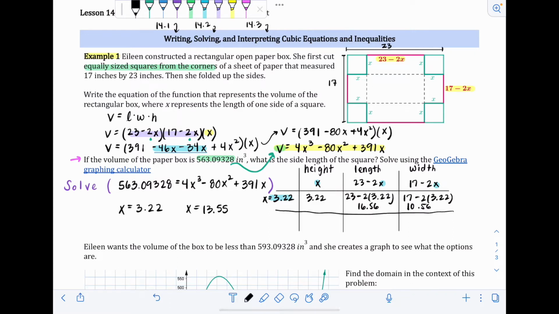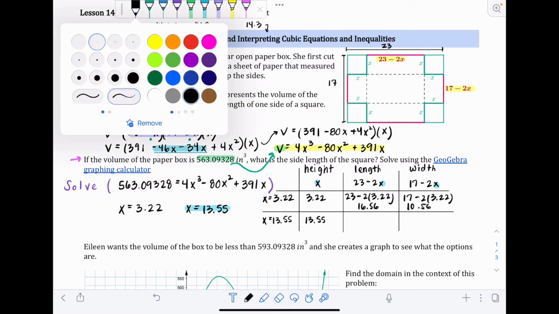Okay, and now we just need to check our other x value, which was 13.55. So x equals 13.55, so that would make the height 13.55 because the height was just x.